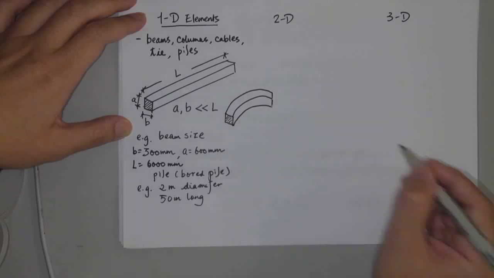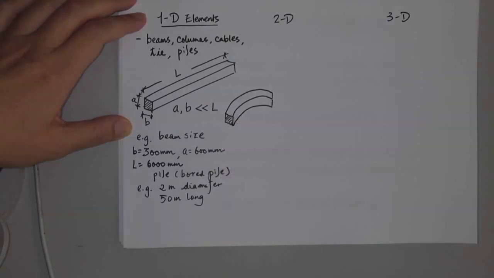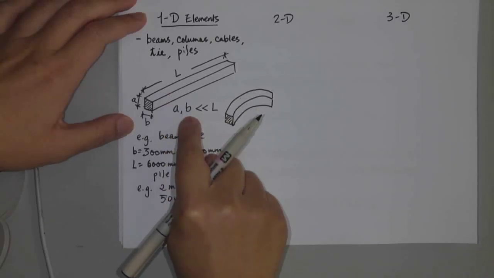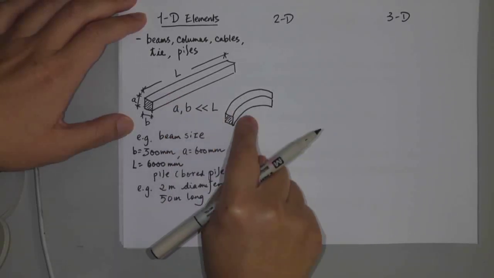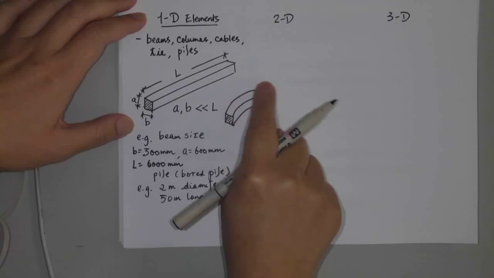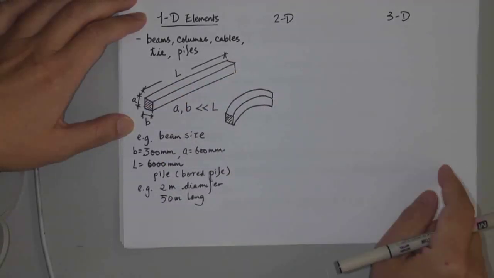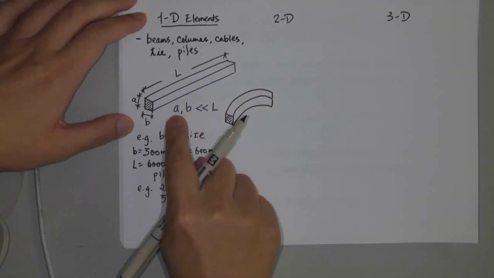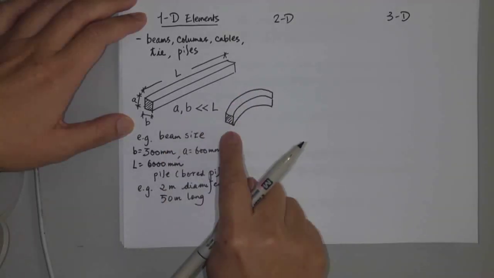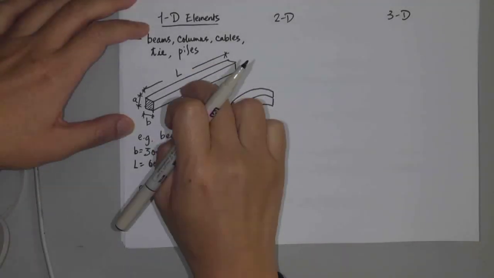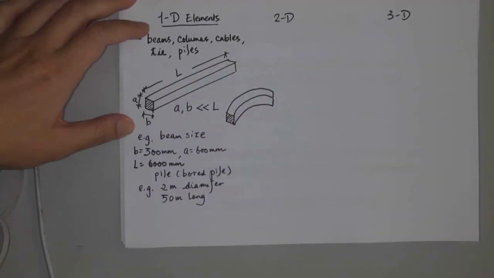In that case, the assumption here is still true. The only exception is this L is not a straight line, it's a curve. But it's still much larger than A and B. So it can be straight, it can be curved.